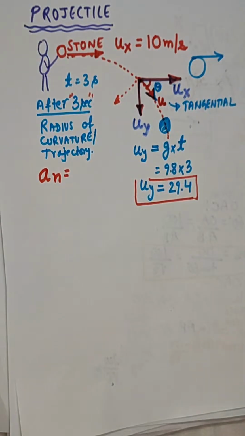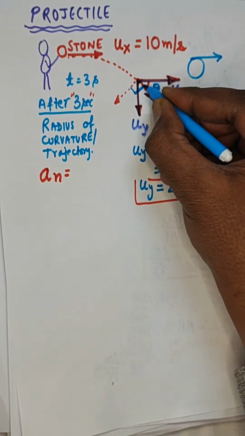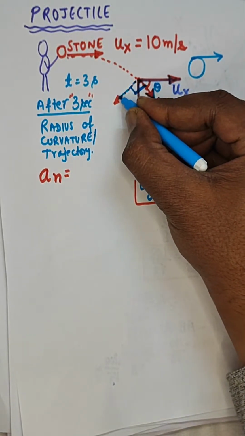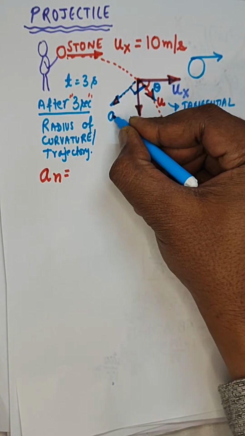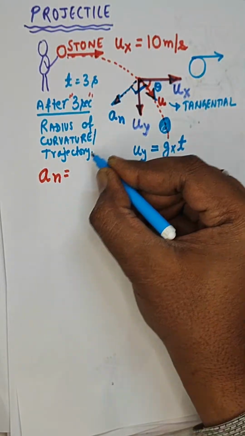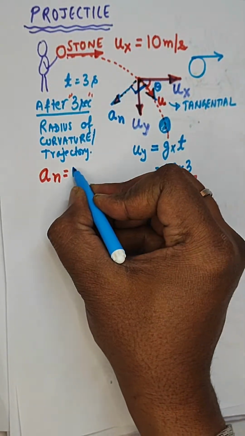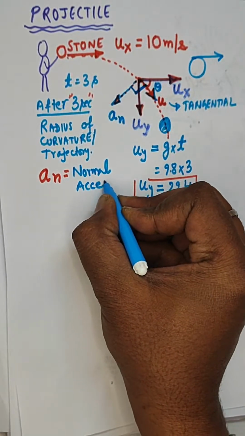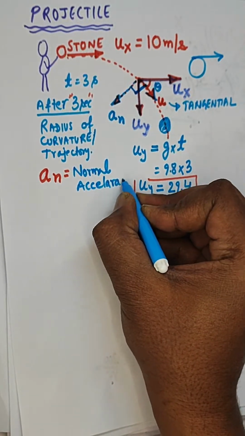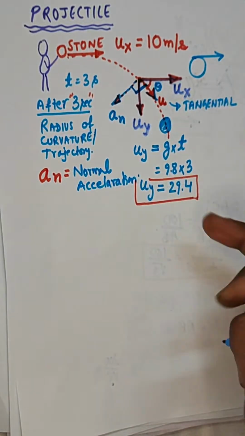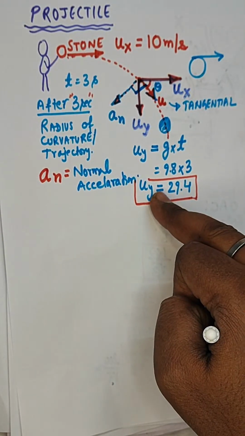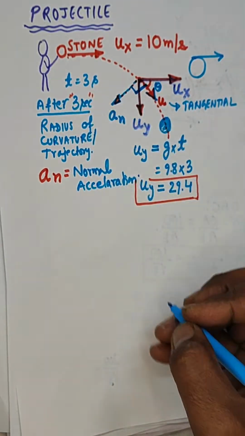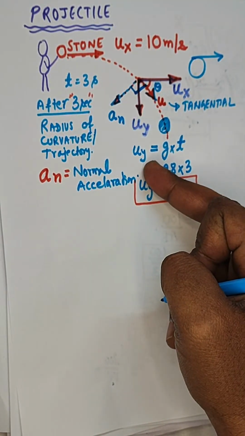It makes an angle of 90 degrees with the tangential velocity, and this is the normal acceleration, an. Why I am finding it, I will explain, don't worry. This normal acceleration is normal to the tangential velocity. Now this can be calculated very easily. How?